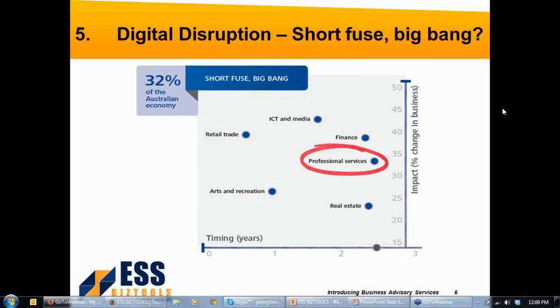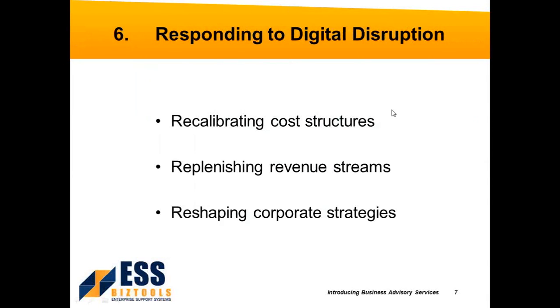What strategies have you implemented in your firm to overcome these problems? Some of the suggestions that Deloitte make in their report is that accountants should be considering recalibrating cost structures, replenishing revenue streams, and reshaping corporate strategies.